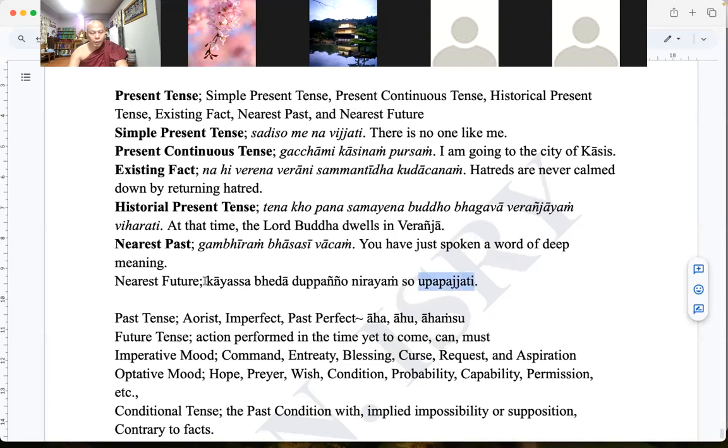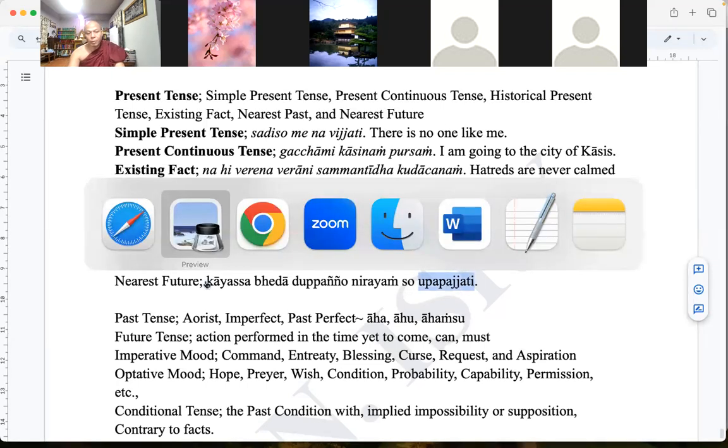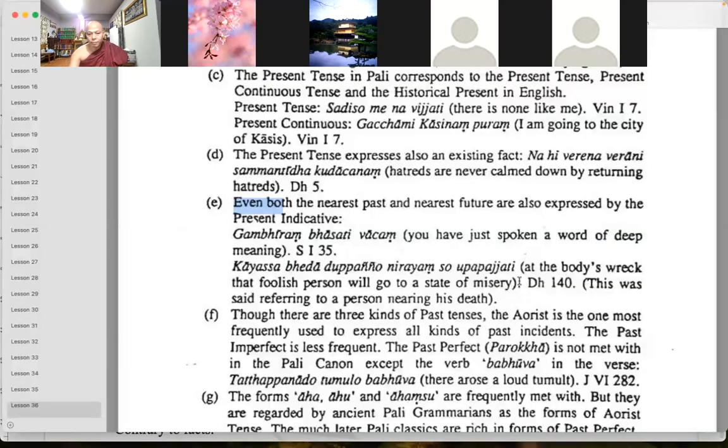And "kayassa bheda", after the break of the body or after death.